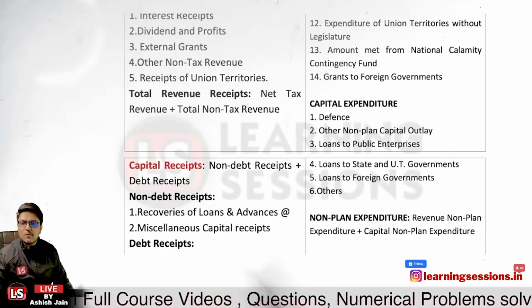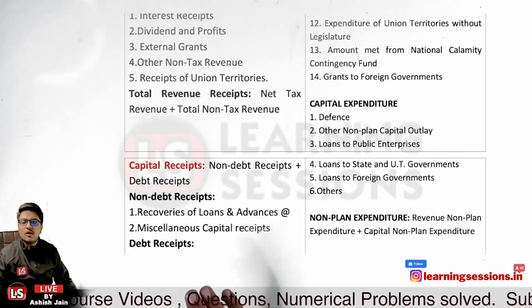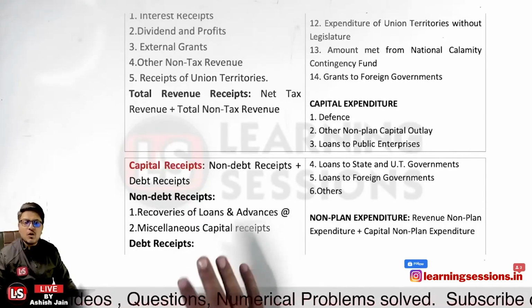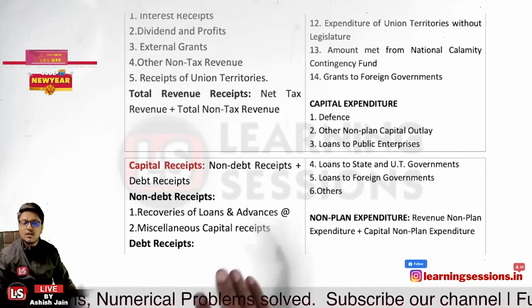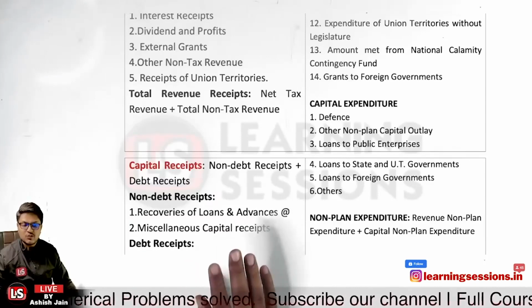So either it will be in the form of the debt receipt or it will be in the form of the non-debt receipt. When we talk about the non-debt receipt, it will be covering all the different dimensions which are not related to loans.